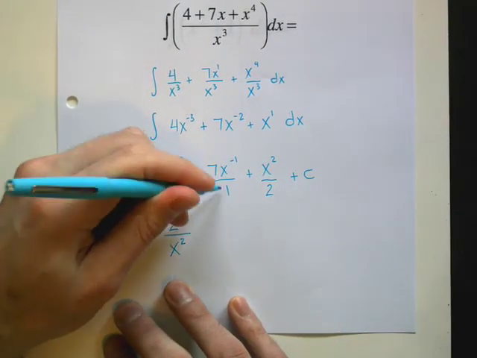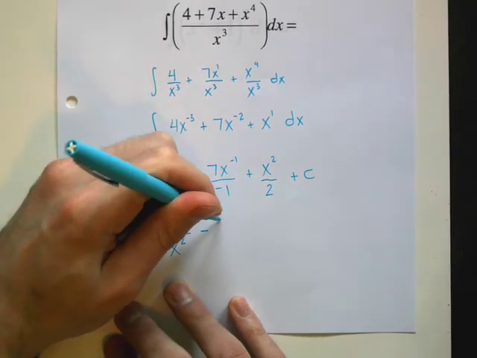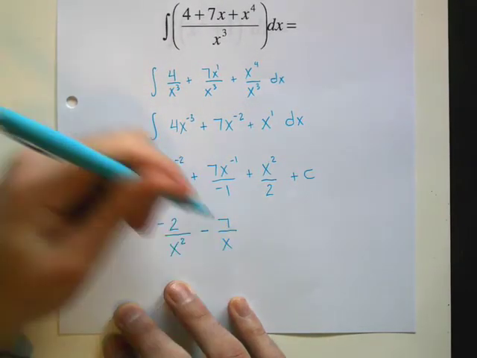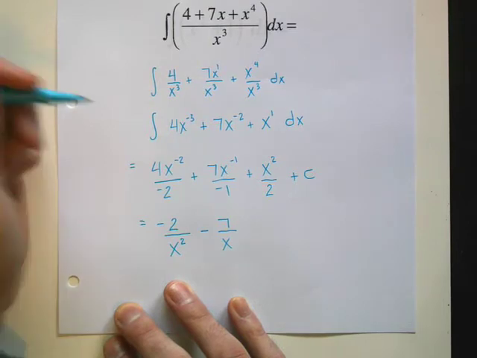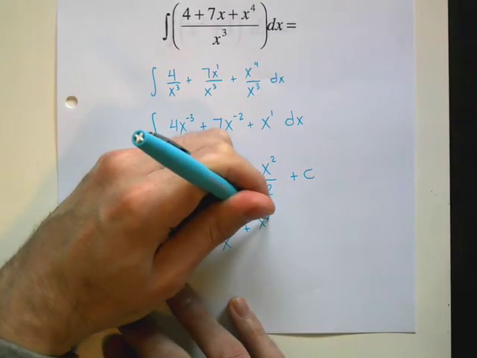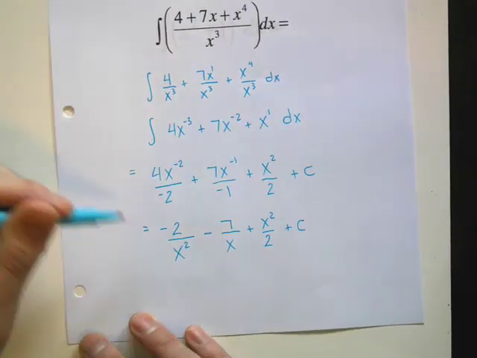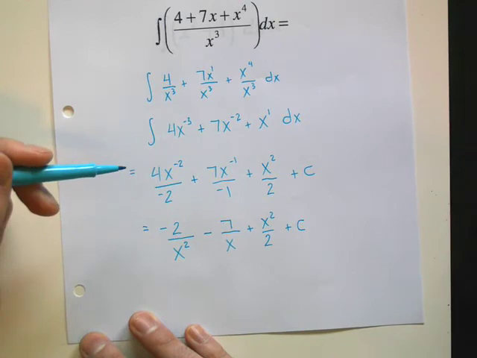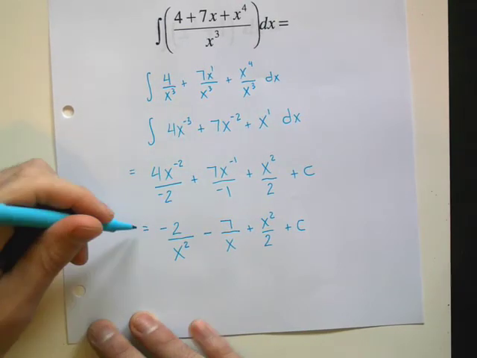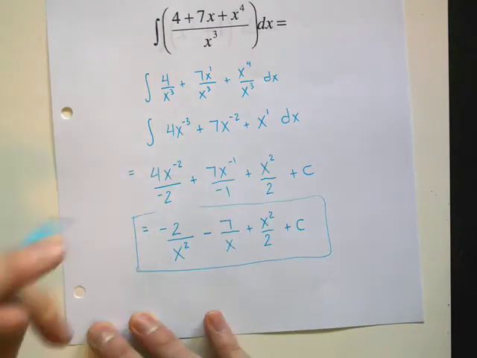Okay, so I've got a negative down here, so I'm going to pull that out front and say 7 over x to the positive 1. And then we're going to keep this. There's not much we can do with that. x to the second over 2 plus c. And looks good. I don't think there's anything else I can simplify here. So this is my final answer.